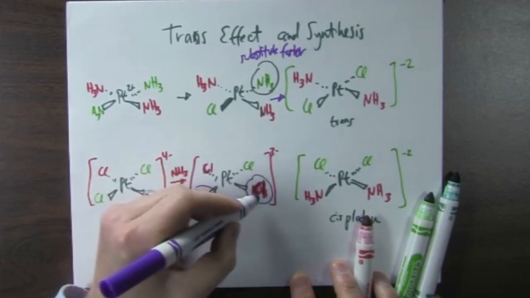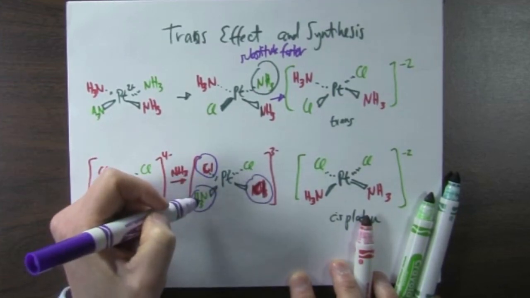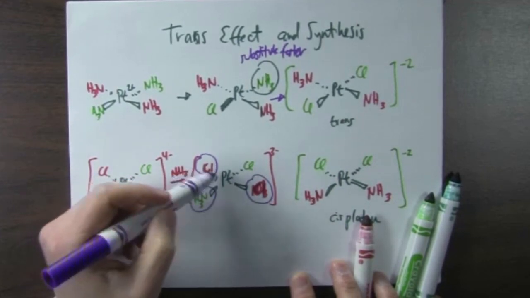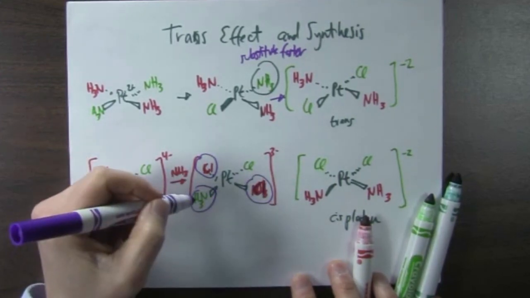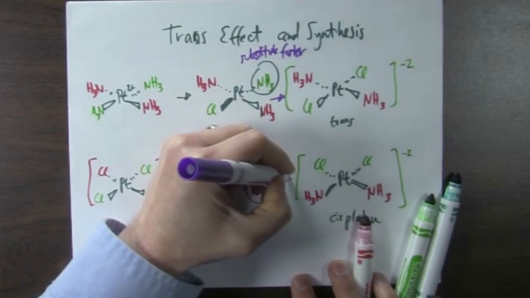This chloride is trans to a chloride, so it will react faster. This ligand is trans to an ammonia, so it will react slower. So these three positions will react faster if we substitute an ammonia. So we're going to bring in another ammonia here.